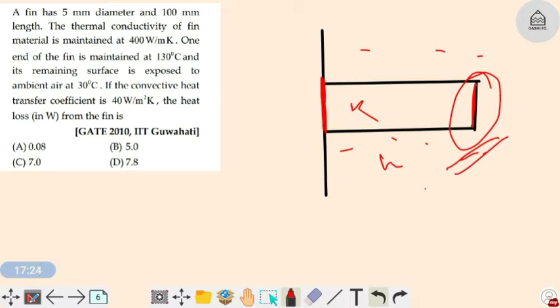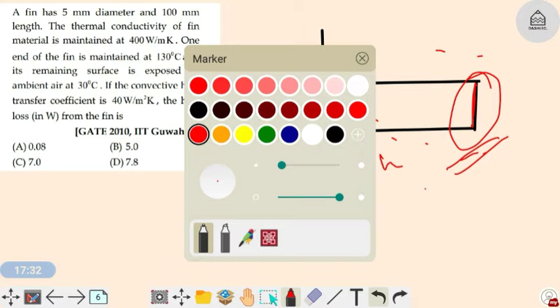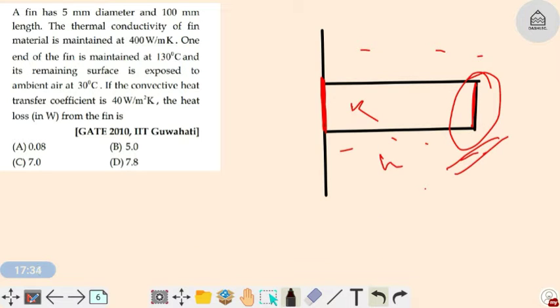So for this question, I need to find out the corrected length first. So what is the corrected length? The corrected length LC is equal to L plus AC, the cross sectional area, divided by the perimeter.